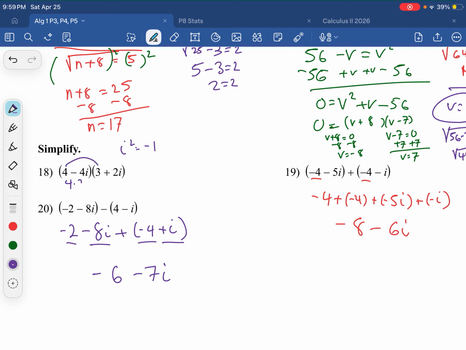So I got 4 times 3, 4 times 2i, negative 4i times 3, negative 4i times 2i. So 12 plus 8i minus 12i minus 8i squared, or 12 minus 4i plus 8, or 20 minus 4i.